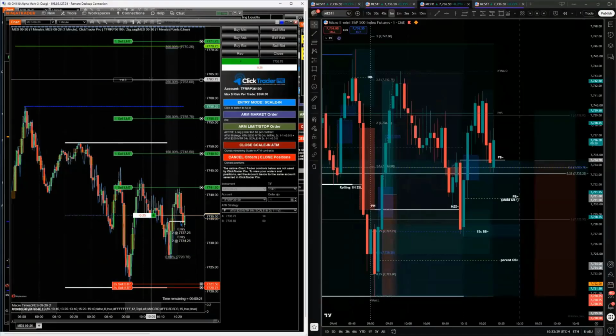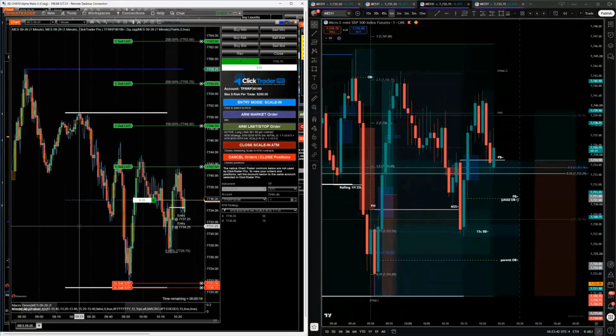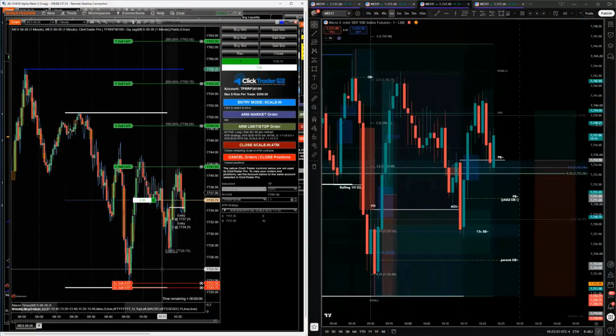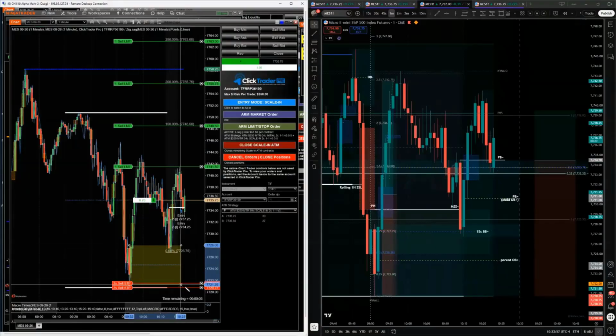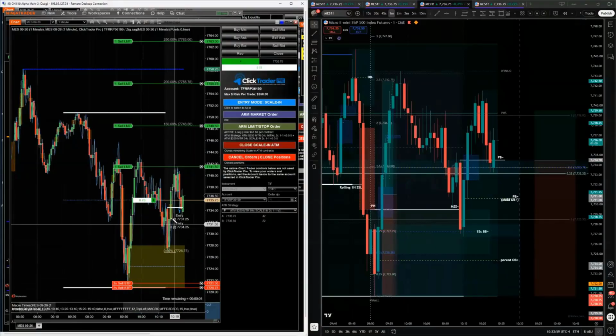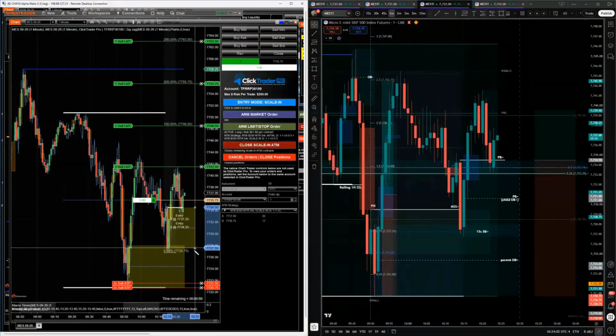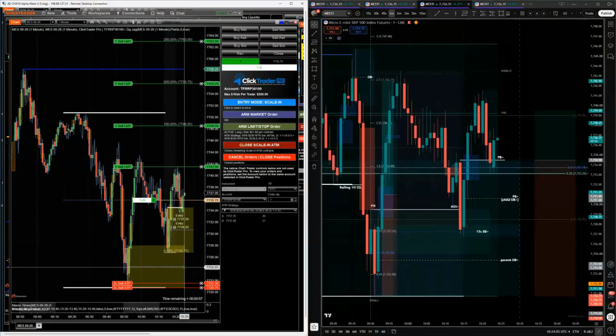There's the trade setup. Make sense? Any questions on that? You got the order block here. You got an order block here. Notice they're nested together.